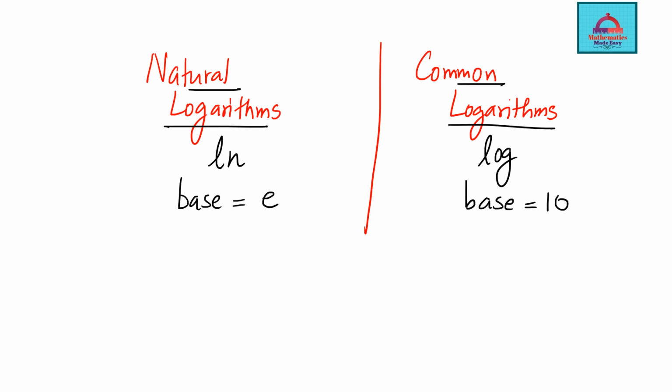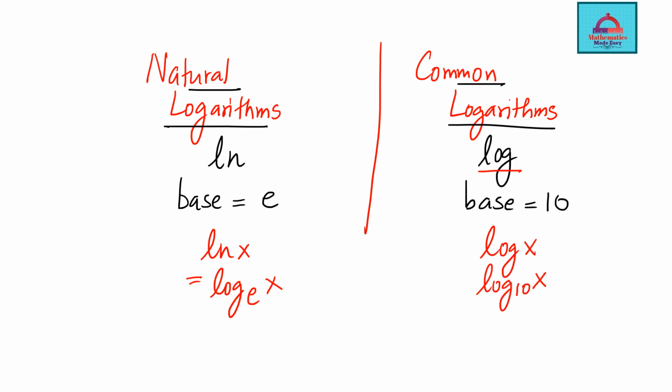Okay, so if you have ln x given, it is the same as log, but the base is e here and not 10. Whereas for log, even if the base is not written, if it is just written log x, automatically it is 10. Okay, so please understand the difference between the two and the ways in which you will identify them.